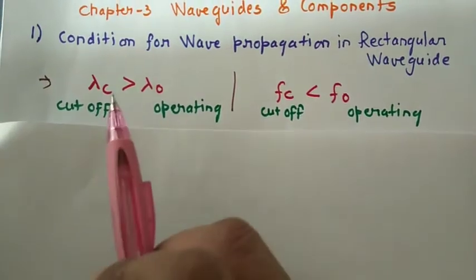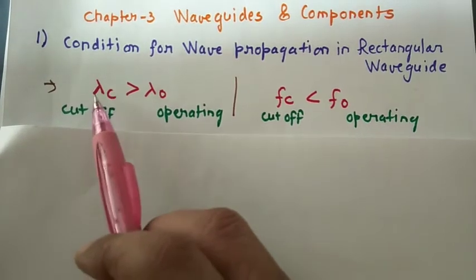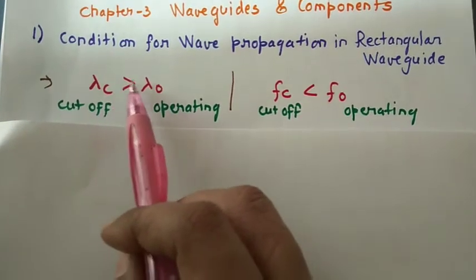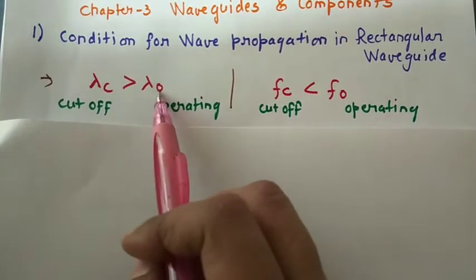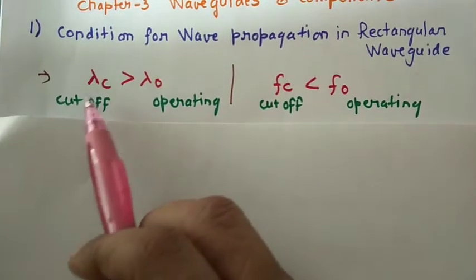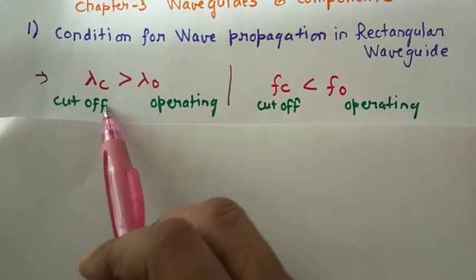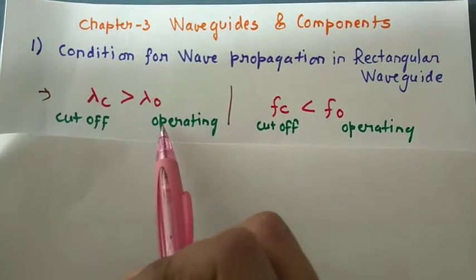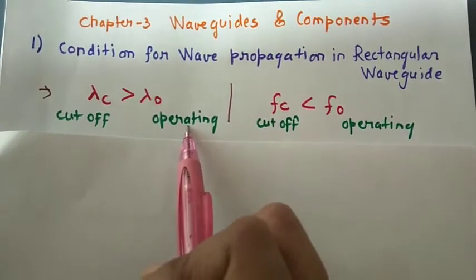if we speak in terms of wavelength, lambda c should be greater than lambda 0, where lambda c is the cutoff wavelength and lambda 0 is the operating wavelength.